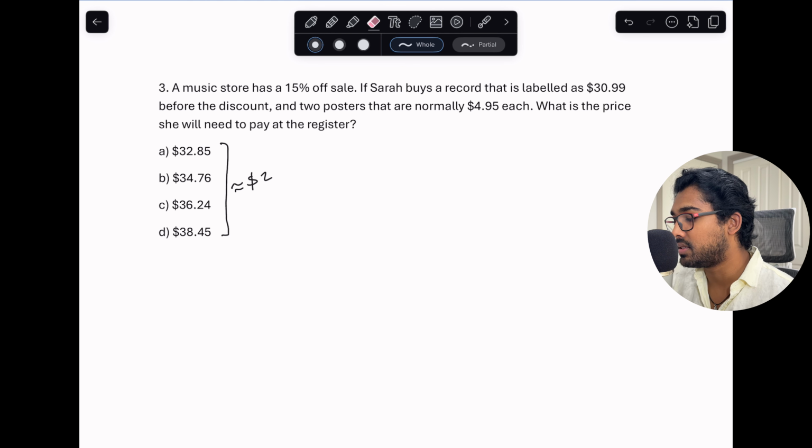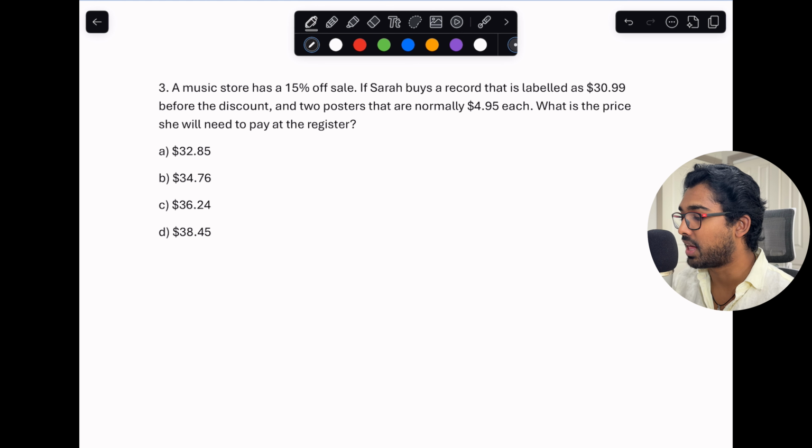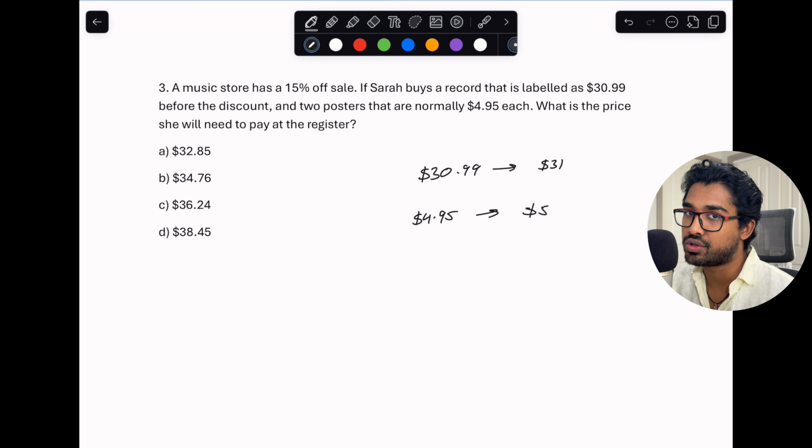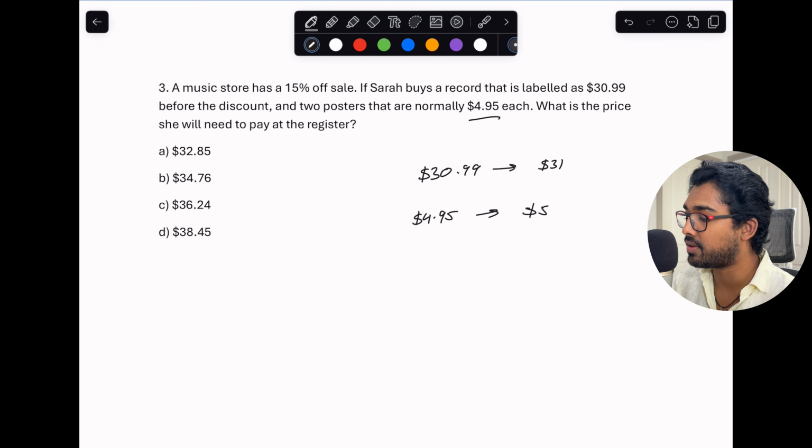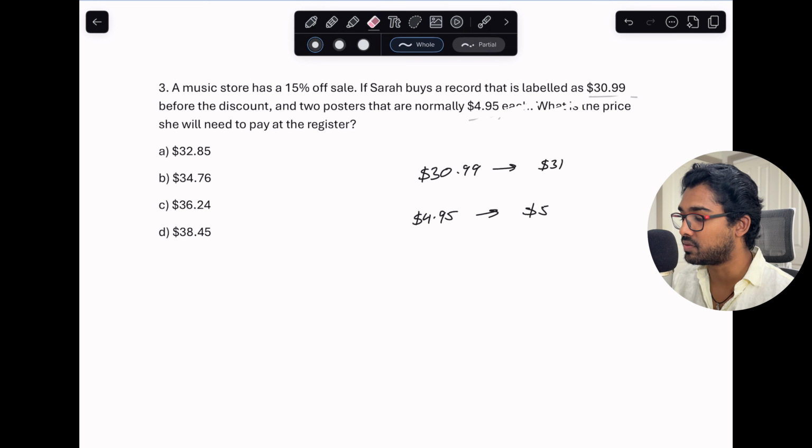So instead of doing the math with $30.99, this actually becomes $31, and this $4.95 becomes $5. I'm just rounding to the closest dollar, changing this by 5 cents and this by 1 cent, so it doesn't really change much.